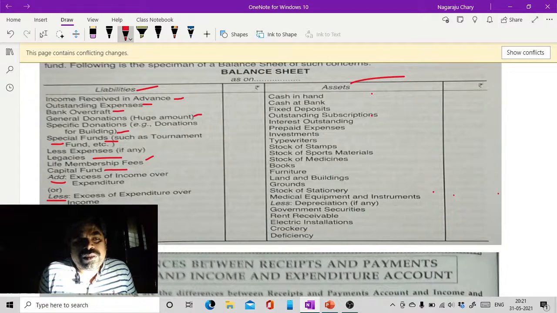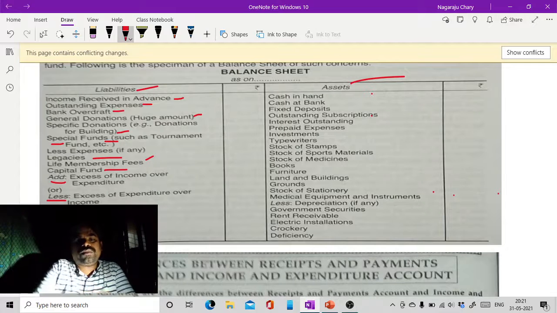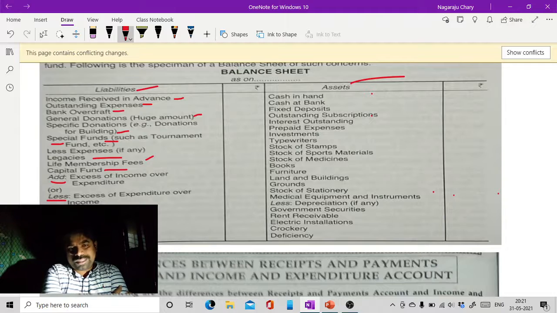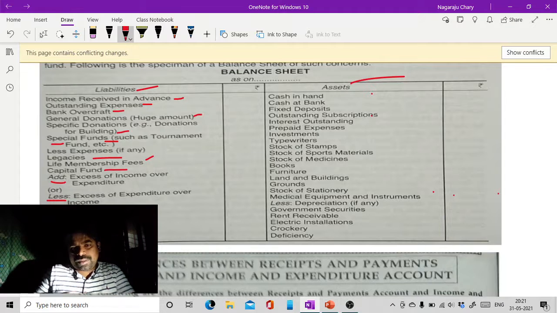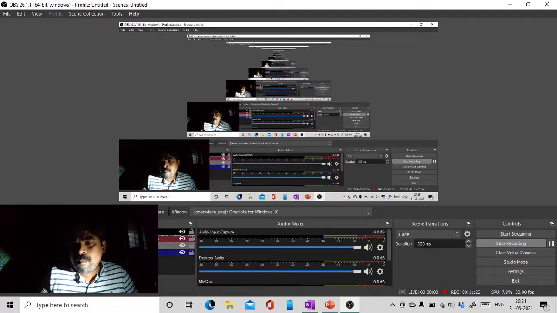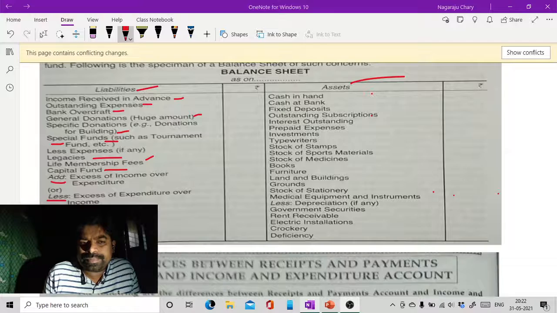Deficiency is nothing but any deficiency from the previous year. So these are the items to be recorded on the asset side, right? This is the balance sheet.